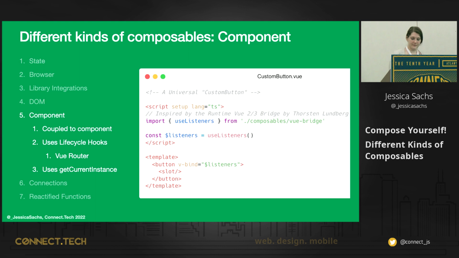So this code would be Vue 2 only code. There's a way you can make it backwards compatible and forwards compatible at the same time. You can use something called useListeners. This is something I rolled myself about a week ago.